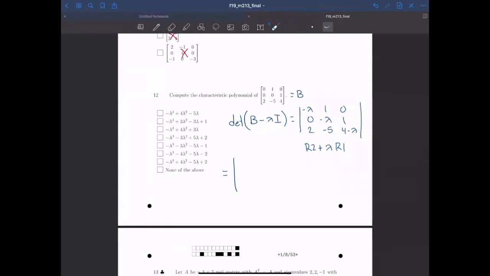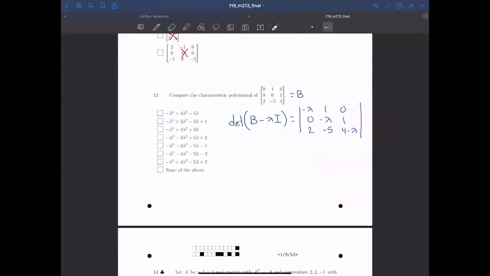Oh, does that make my life easier? No, it doesn't really, does it? Because I'm going to get rid of this lambda, but I'm still going to have a lambda squared there. I don't think that really makes anything easier. Okay, so forget I said that. I don't really see any single row operation that's going to help us too much. So let's just do cofactor expansion.